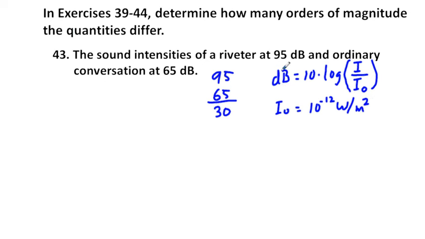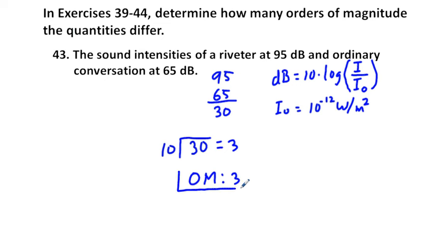But you see, for decibels, you multiply by 10. So we have to take this 30 and divide it by 10 to get our orders of magnitude, which is 3. So for this one also, as in problem number 39, our order of magnitude is 3. And we had to divide by 10 to figure that out.